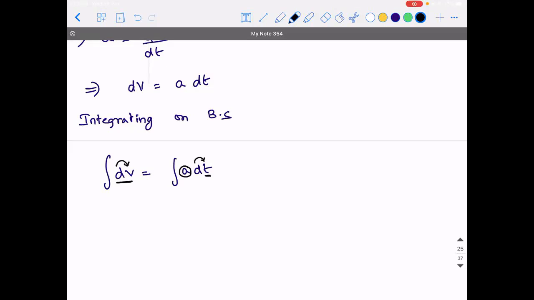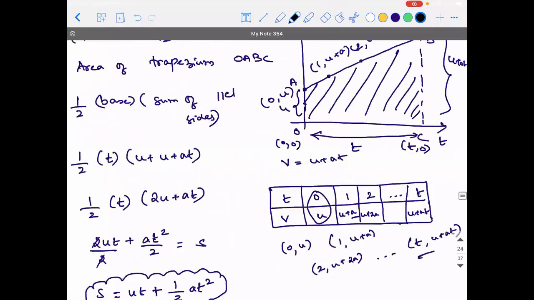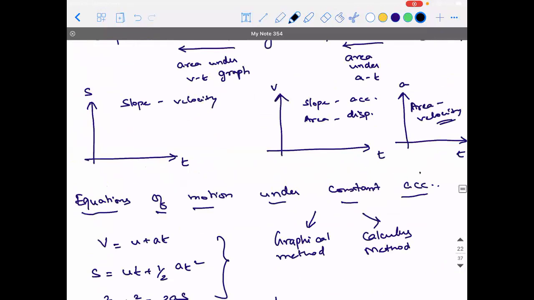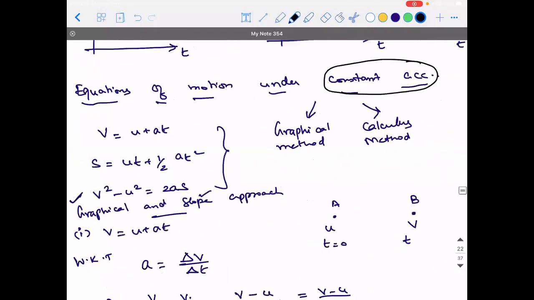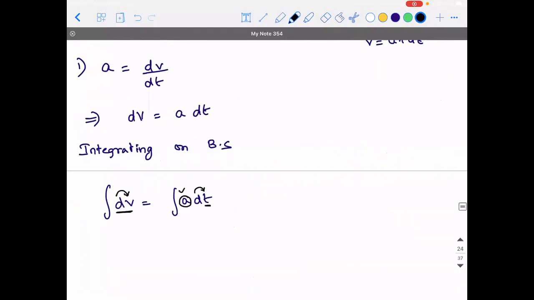No, sir. But I told you, the equations of motion, whatever you have derived, are applicable only under constant acceleration. So you can use all these three formulae only if you have a constant acceleration scenario in the problem. Now rethink and tell me, is the acceleration constant with respect to time?